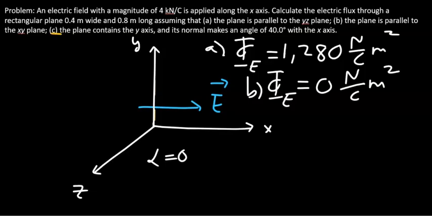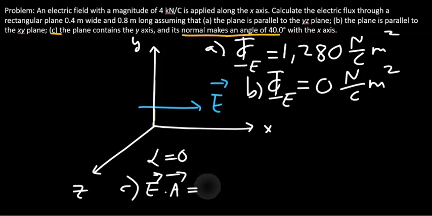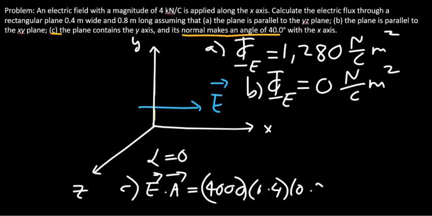A plane contains the y-axis and its normal makes an angle of 40 degrees with the x-axis. So what that means is, E dot A, the electric field is 4,000 that we know. The area is 0.4 times 0.8.